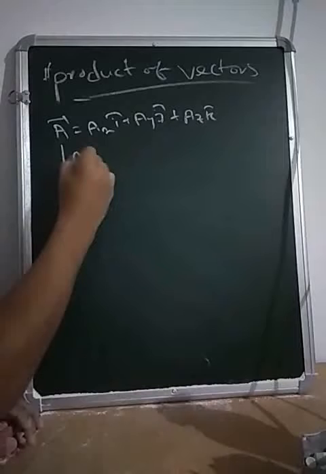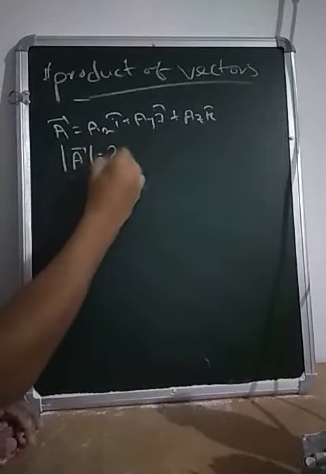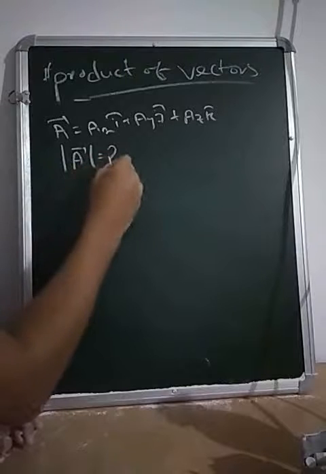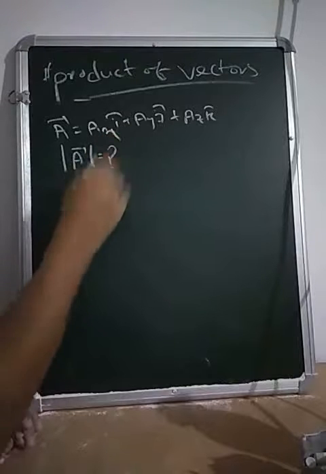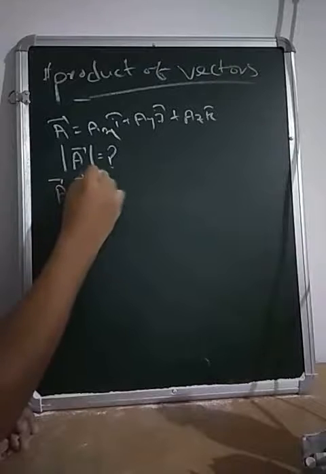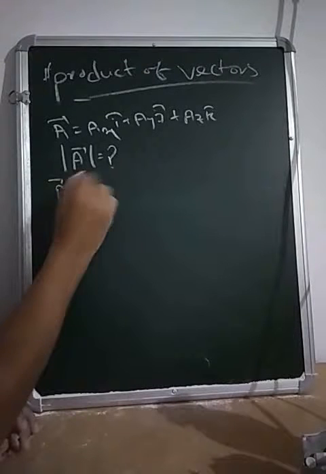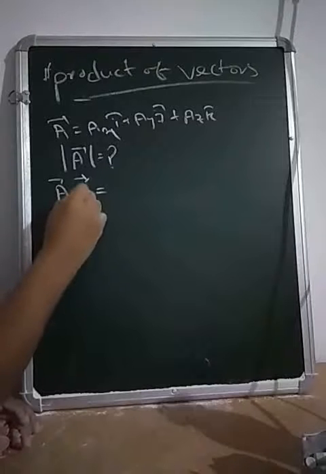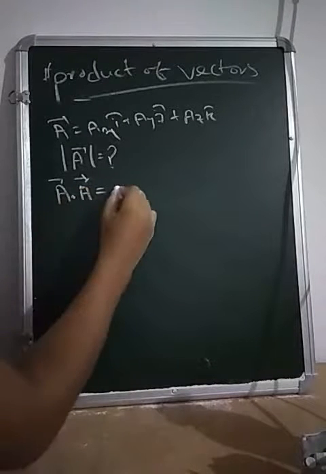So what is the magnitude of vector A? That is what we will calculate. In this case, how do we do that? With dot product. So here what we do is we perform A dot A. Okay, A dot A will be how much?